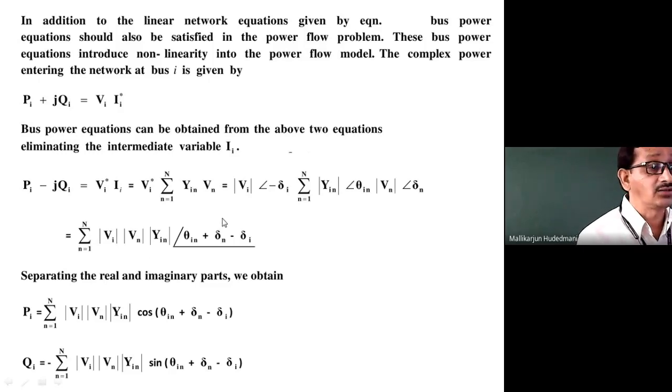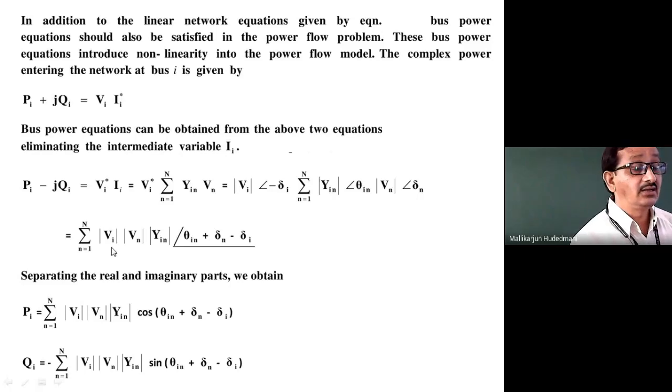Definitely, M cos of that, M sin of that, gives the real and imaginary parts. Separating the real part, I take summation n equal to 1 to the last bus number of Vi, Vn, Yin, cosine of theta in plus delta n minus delta i. This stands as the active power equation at bus number i.